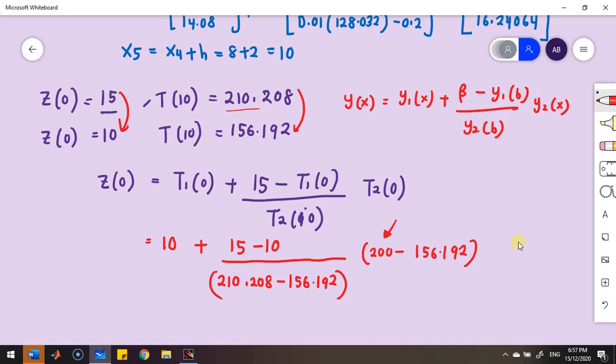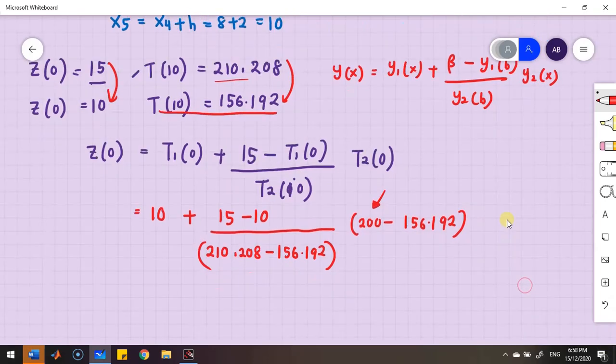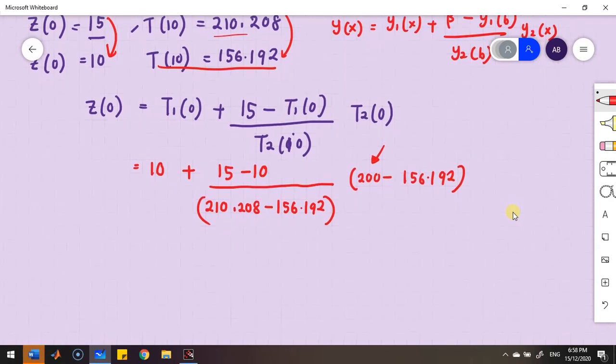Okay, the question is given for T40 equals something. I mean, I forgot. 200 minus your approximation for T10. Okay, recall this. This formula is actually familiar. So what is this formula? I want you to find out the name for this formula.